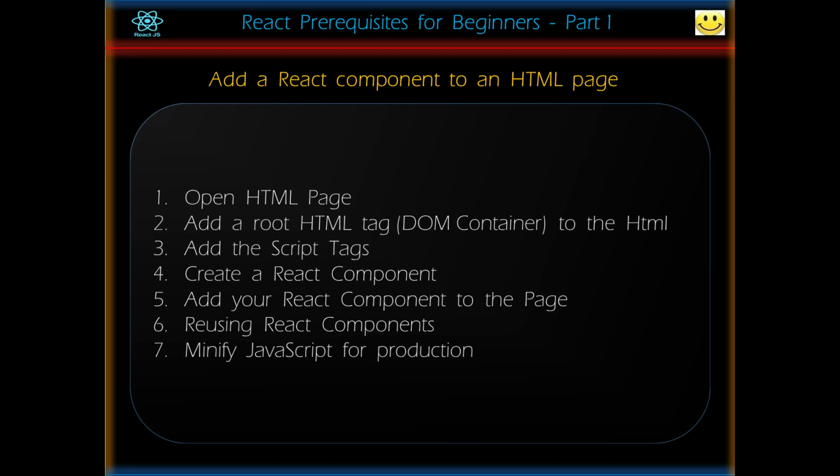In this lecture, we will learn about open HTML page, add a root HTML tag to the HTML, add the script tags, create a React component, add your React component to the page, reusing React components, minify JavaScript for production.